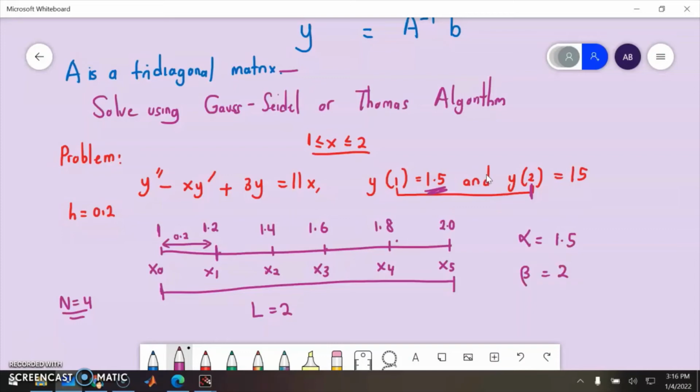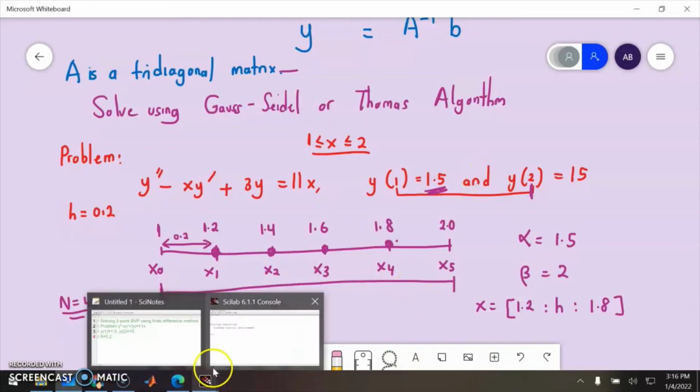With all this information, we can create the interior points x here. X are the interior points, starting from 1.2, 1.4, 1.6, and 1.8. So I have 1.2, and the step length is h, which is 0.2, up to 1.8. These are all my interior grid points. Now let's do that in Scilab.